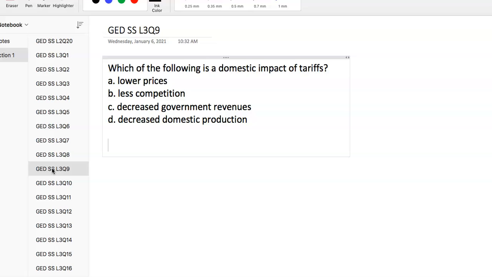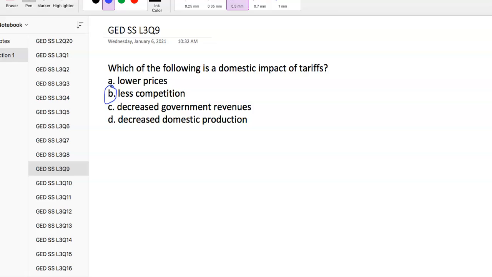Okay, question 9. Which of the following is a domestic impact of tariffs? Okay, so the domestic impact on tariffs. So if the U.S. has tariffs, what is the impact within the country? Less competition.